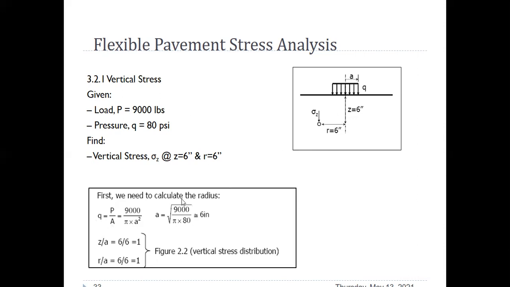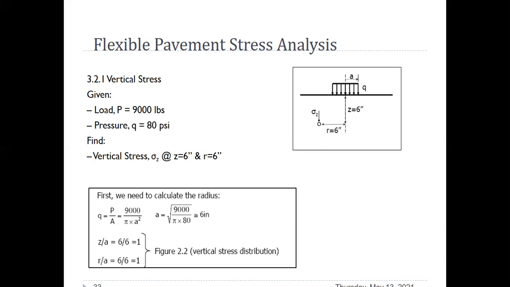For all these stresses, all this pressure, take A as the contact radius, and R is the radial distance from the point of the contact. So actually, this area of the contact of the tire is pi a square, or you can say pi into the radius of the contact squared. So using simple mathematics, A is equal to 6 inches square.